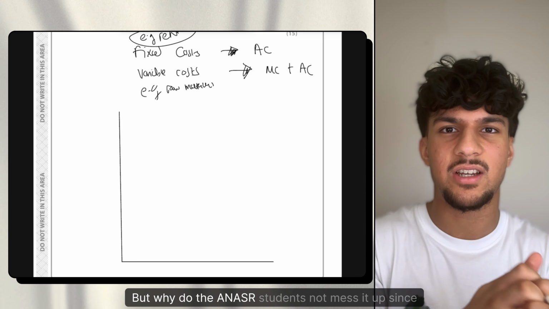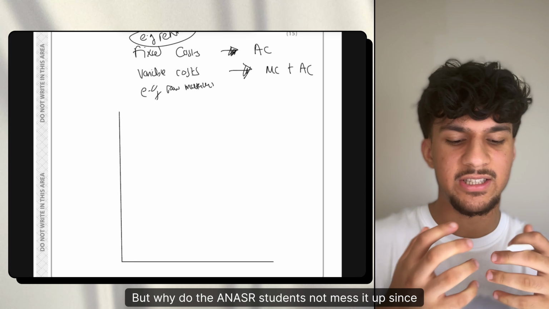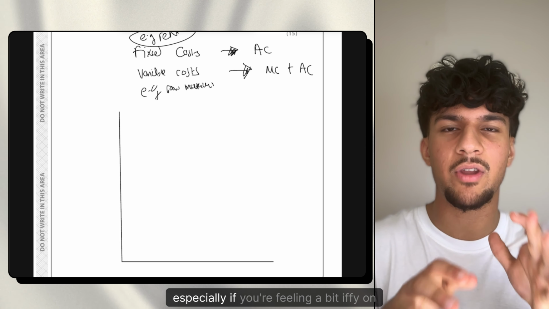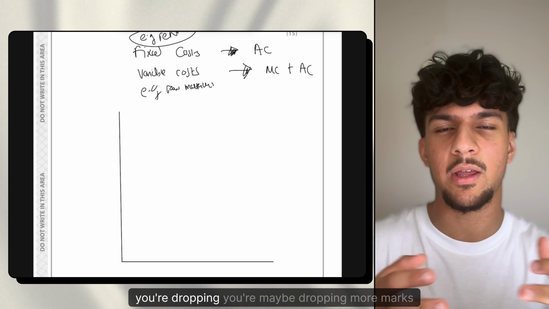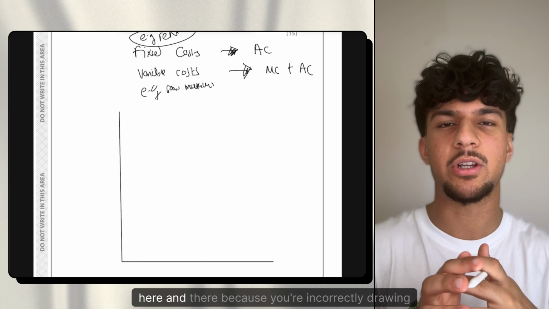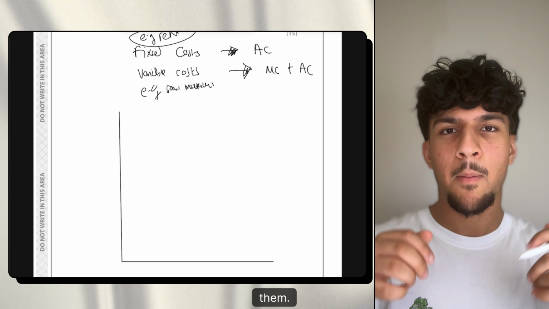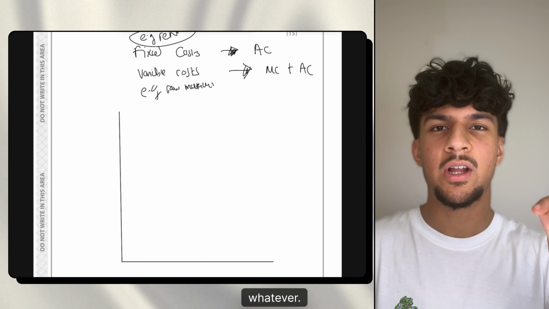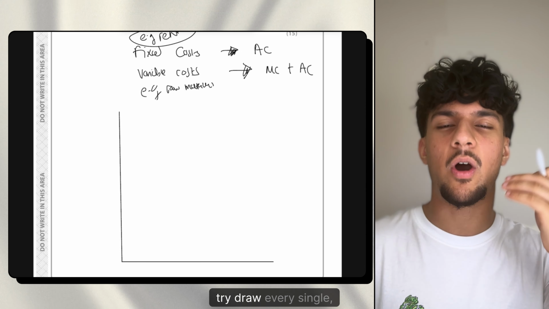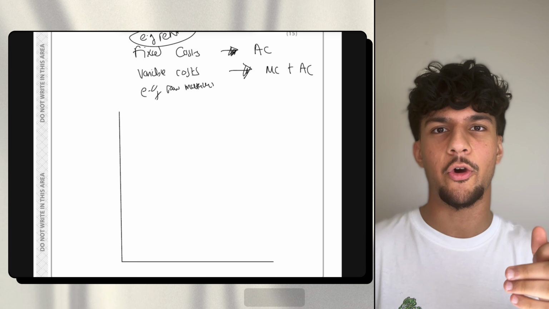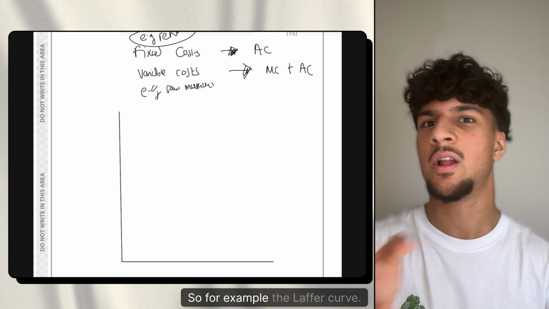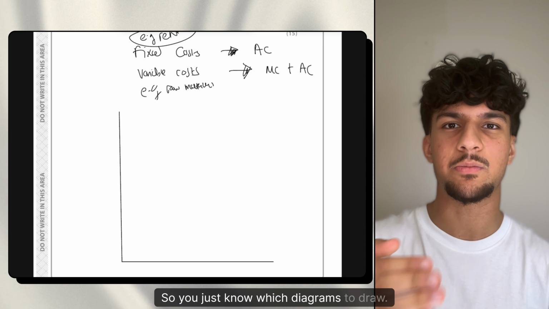But why do the A and A-star students not mess it up? What I advise a lot of my students before exams, especially if you're feeling a bit iffy on diagrams and maybe dropping marks here and there because you're incorrectly drawing them, is to practice every single one. Get a notebook, an iPad, whatever, and from memory, try to draw every single diagram you know. If you really want, you can have a few prompts with just a diagram name, for example the Laffer curve, so you know which diagrams to draw.